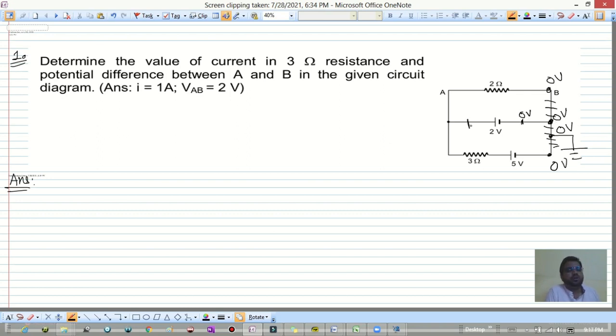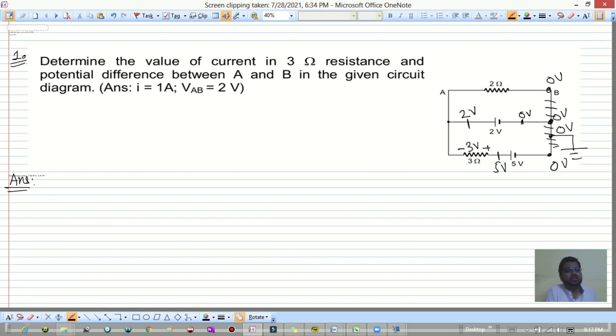If this is 0, what is this? Potential difference across this must be 2 volt. So this must be 2 volt, this must be 5 volt, and as you can see, across this 3 ohm we have a potential difference of 5 minus 2, that is 3 volt. So a potential difference of 3 volt we have.